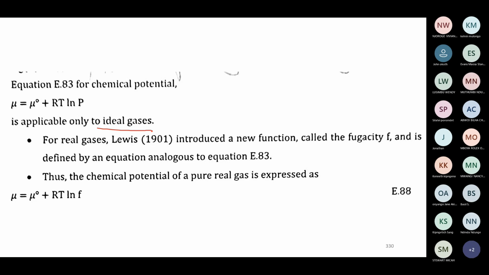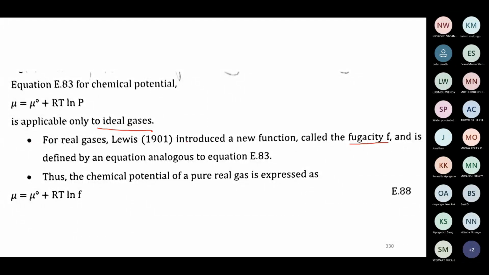Now, for real gases, a new function is introduced, and this is called fugacity, symbolized by f. And it is defined by an equation that is analogous to E83. So in the case of real gases, we don't talk about the pressure, but we talk about the fugacity of that particular gas.